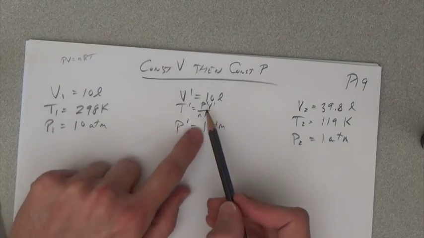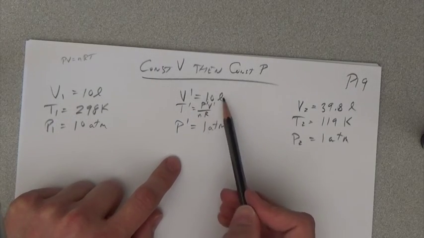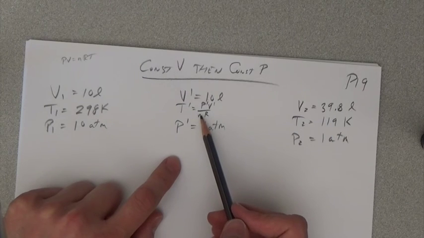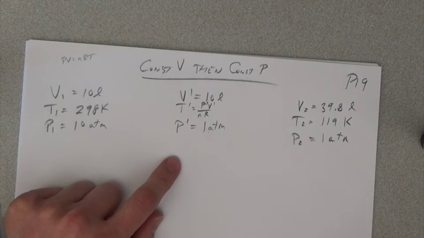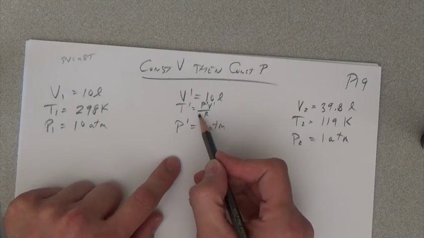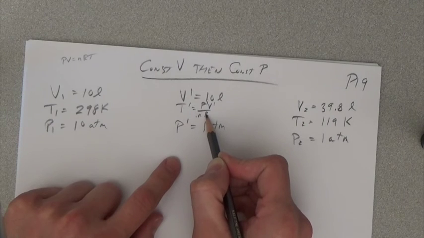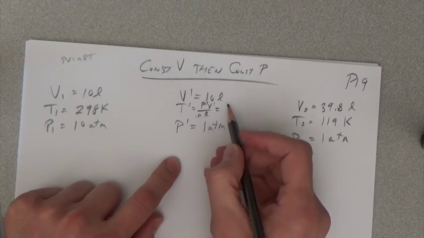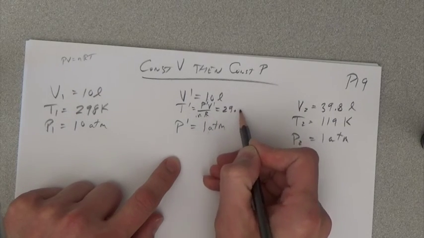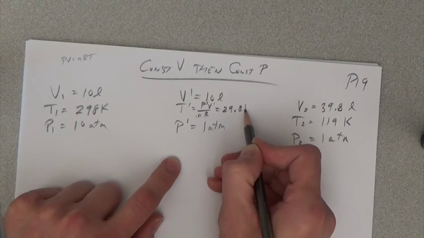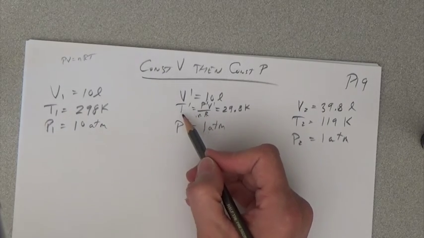And when you substitute in 1 atmosphere, 10 liters, 4.09, and 8.2 times 10 to the minus 2 atmosphere liter per mole K, you wind up with 29.8 K as T prime.